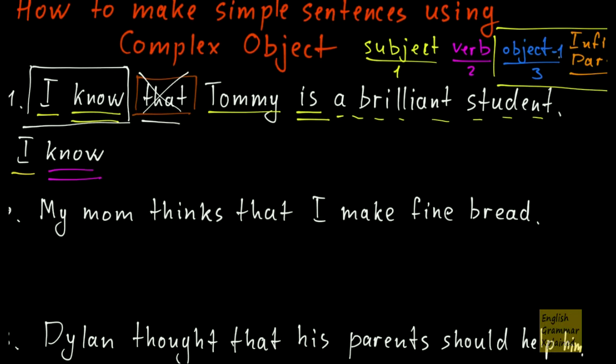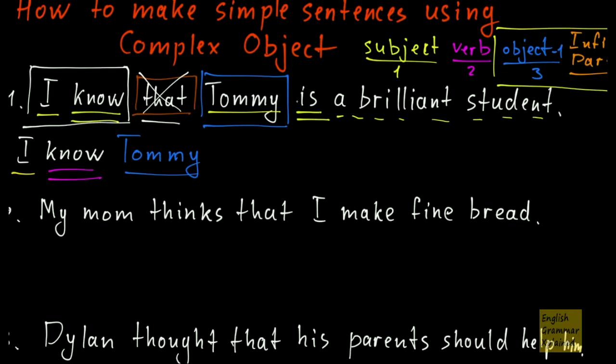So, what else? I have to find object number 1. What will be my object number 1? Tommy. So I rewrite it here. And then, what will be my infinitive or participle? Here I will use infinitive, maybe?